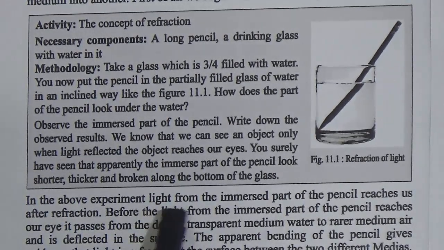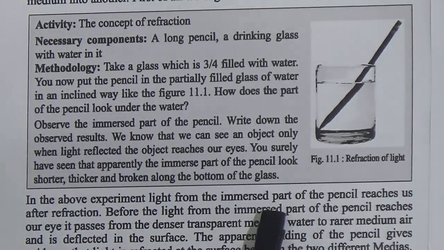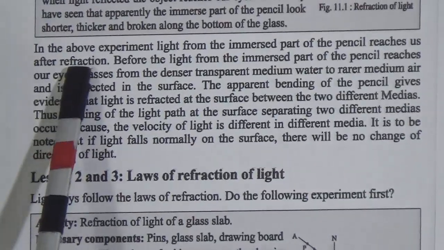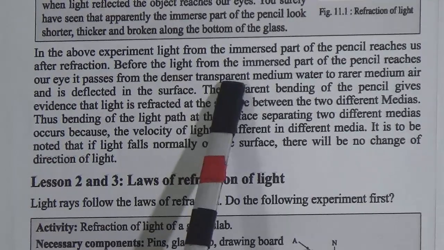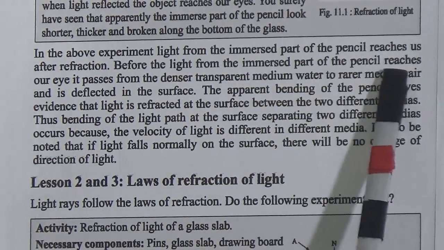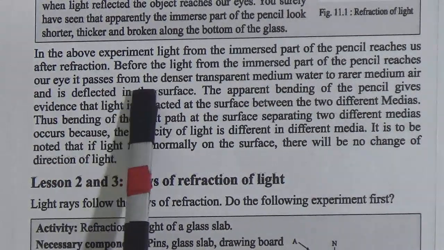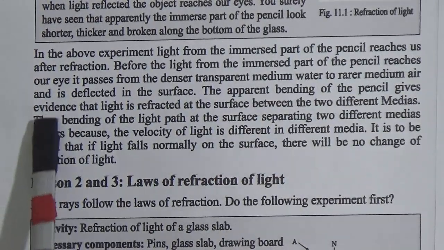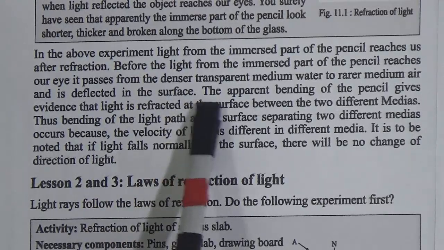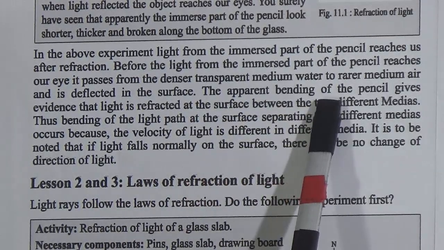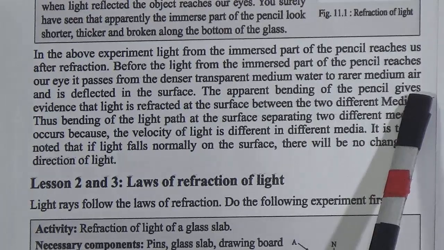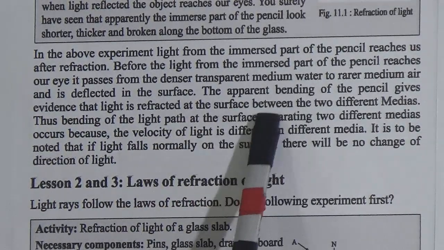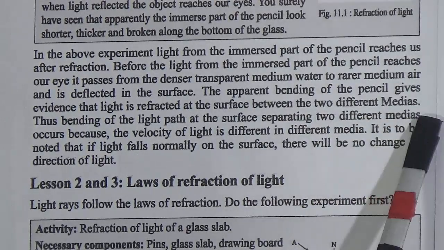In the above experiment, light from the immersed part of the pencil reaches us after refraction. Before the light from the immersed part of the pencil reaches our eyes, it passes from the denser transparent medium, water, to the rarer medium, air, and is deflected at the surface. The apparent bending of the pencil is evidence that light is refracted at a surface between two different media.